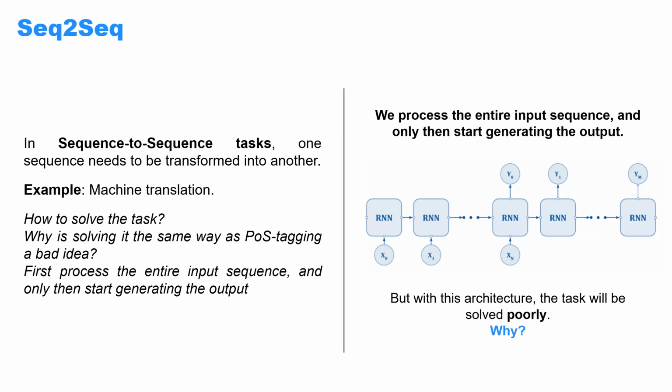This worked great, but only for short sequences. For long sequences, it still performs poorly. Why can this happen? Here it is.